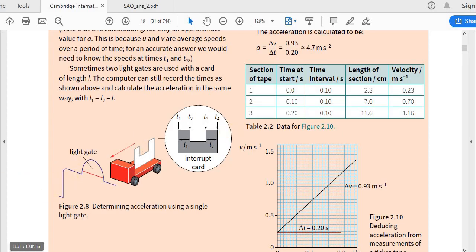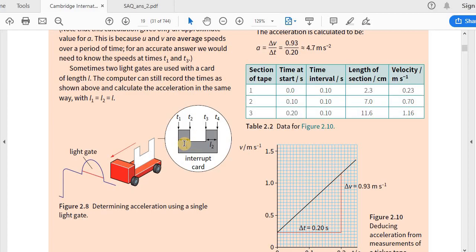So we have this connected to a timer. Then we can time how long it took for this length of card L1 to pass through like this. So L1 divided by T2 minus T1 will give you the initial velocity, because velocity is change in displacement over time.